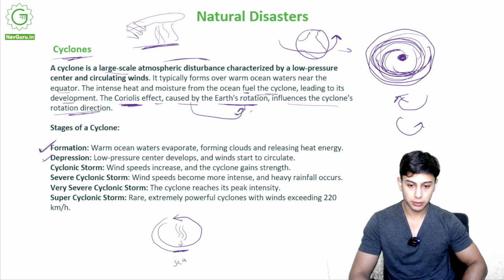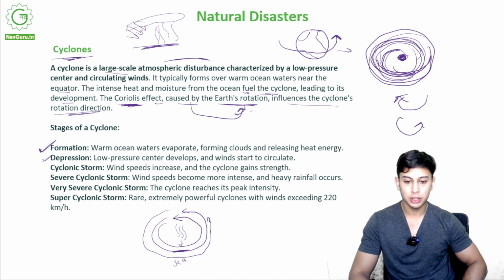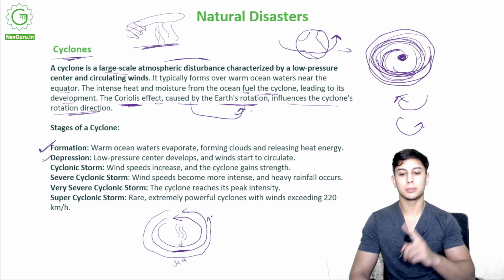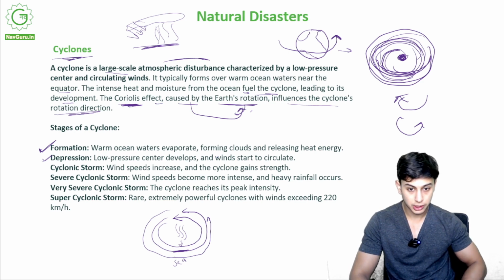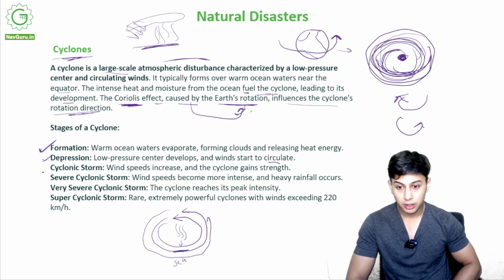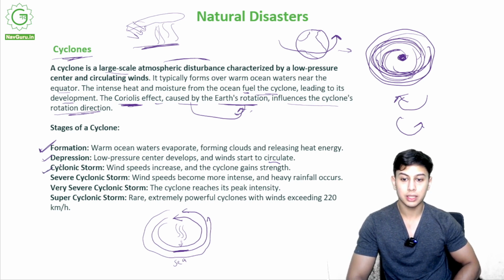These winds start blowing around that low pressure area very fast. A low pressure center develops and winds start to circulate. Now a cyclonic storm: wind speed increases.